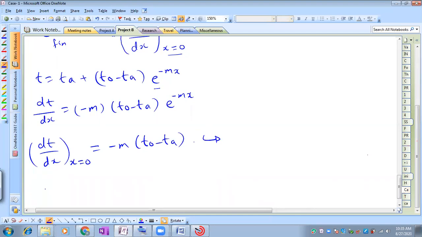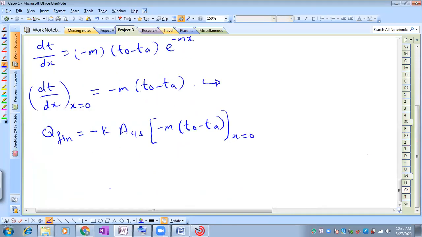This is the value that we have to substitute in the above equation. So what is the above equation? Q of fin is equal to minus k into Acs into dT by dx. So what is dT by dx? It is minus m into (T0 minus Ta) at x equal to 0. If I simplify, minus minus will give plus.